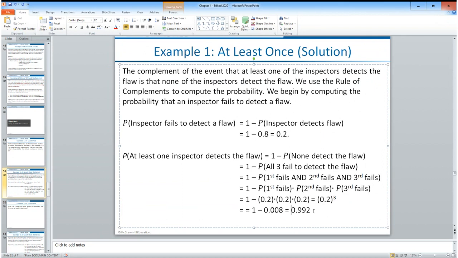So the probability that at least one inspector detects a flaw is actually pretty high, because even though each one individually is only 80% effective, together they're higher, 0.992, or so 99%. All right, so did anybody else show up?